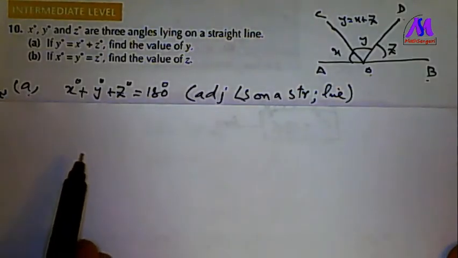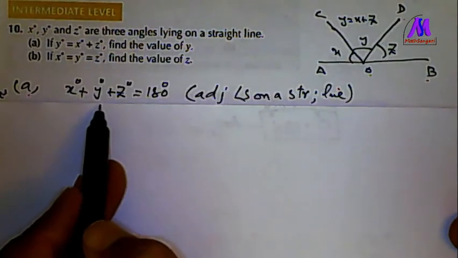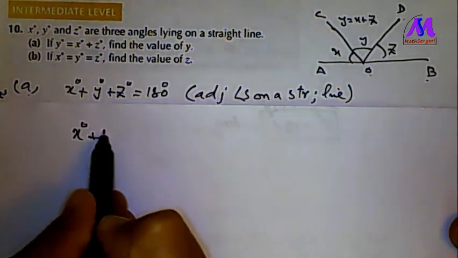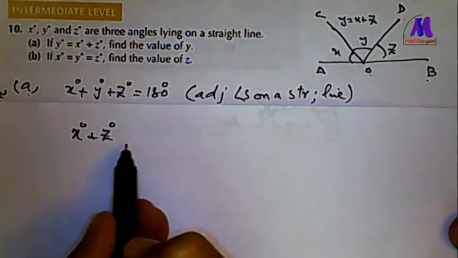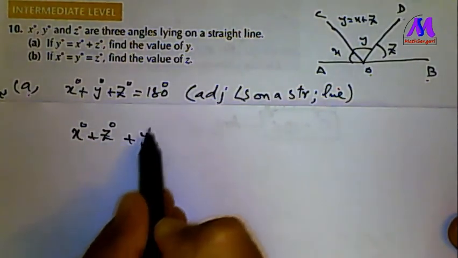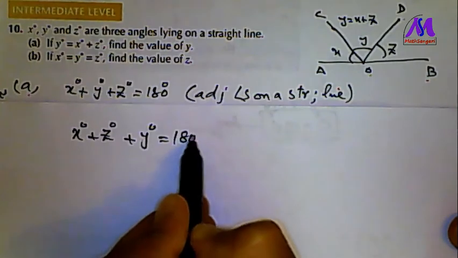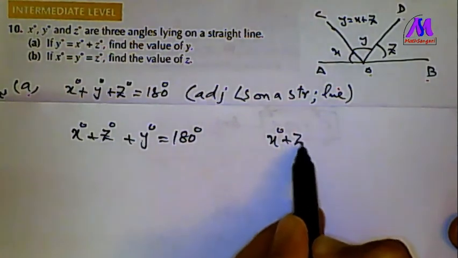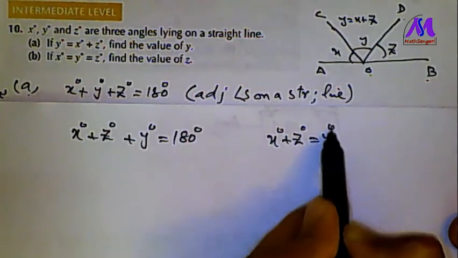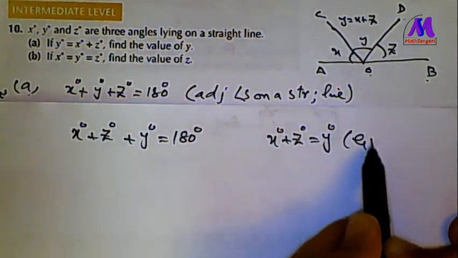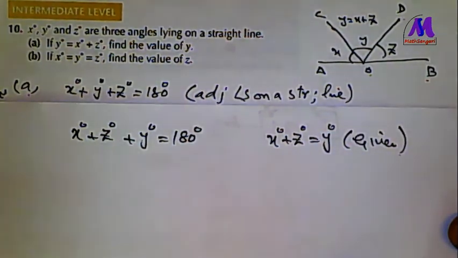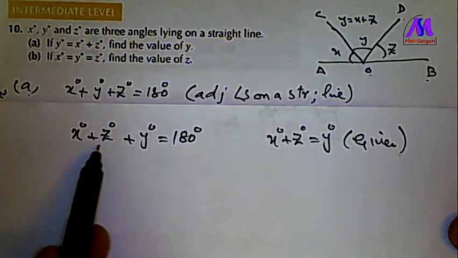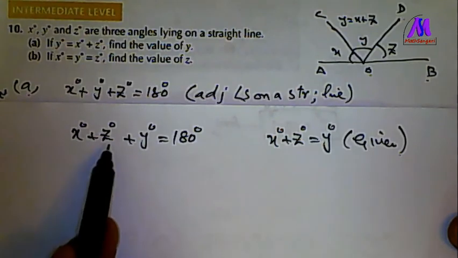Now the value of y is already given: x degree plus z plus y degree will be equal to 180 degrees. Rearranging, x plus z will be equal to y degree. This value is given, so put y degree instead of x degree plus z degree.